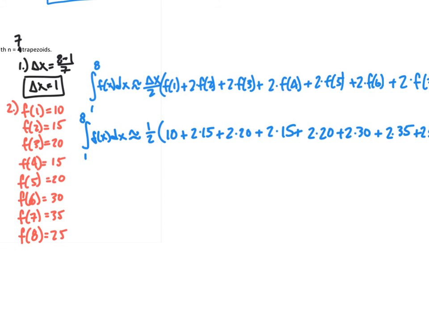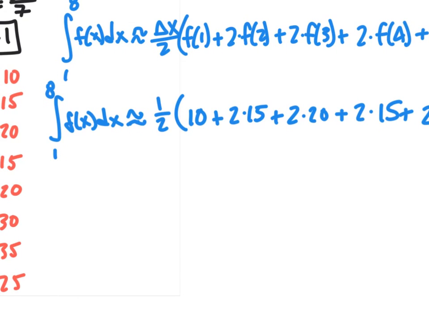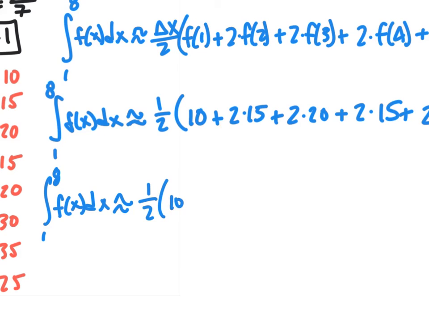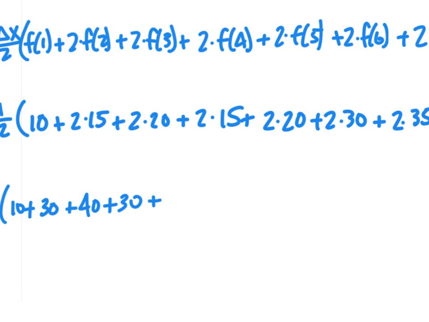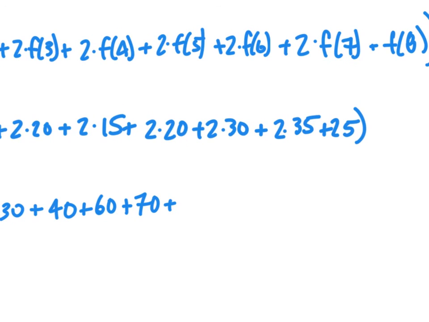Now let's go ahead and evaluate this and see what we get. The integral from 1 to 8 of f of x dx is approximately 1/2 times 10 plus 30 plus 40 plus 30 plus 40 plus 60 plus 70 plus 25.